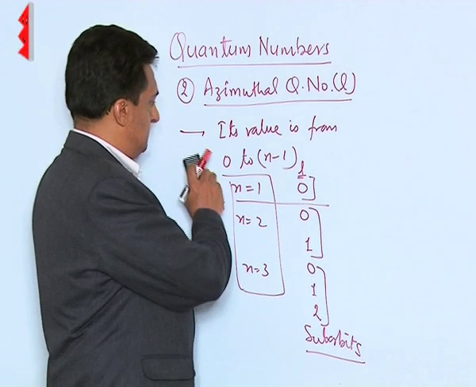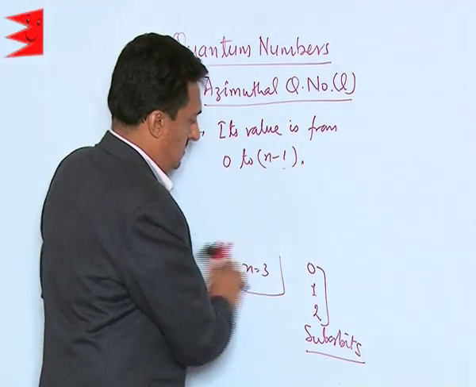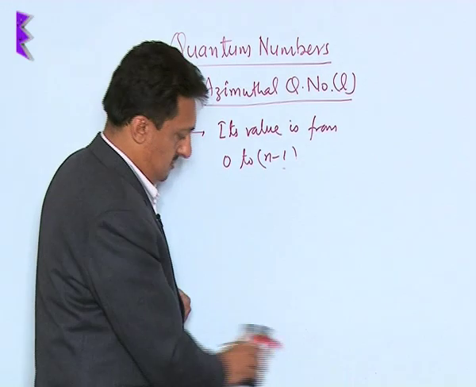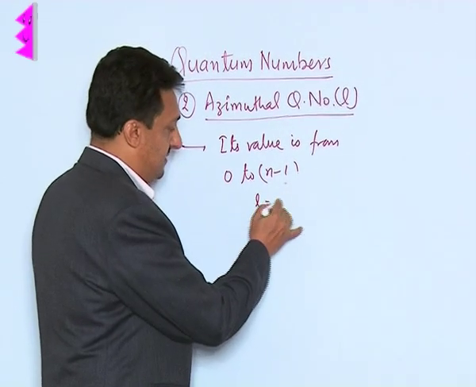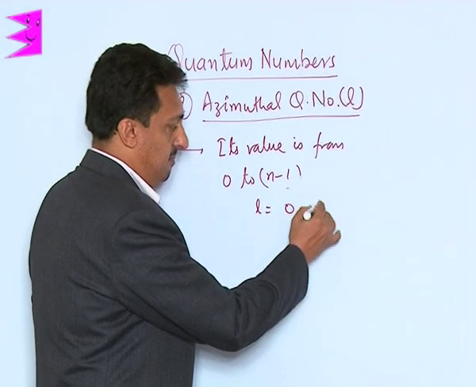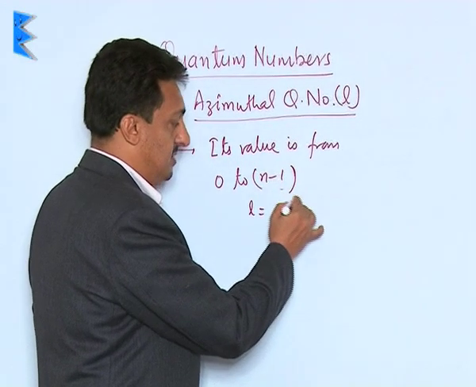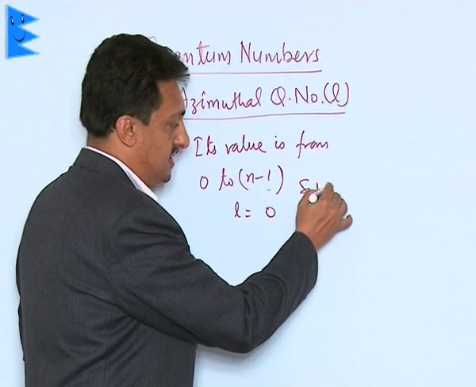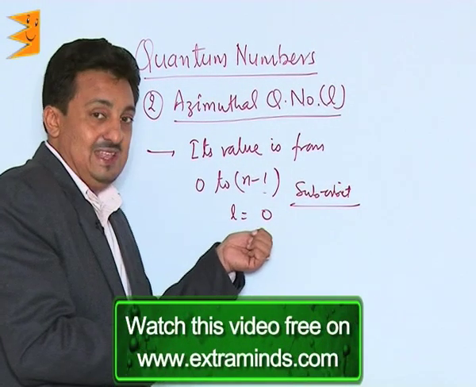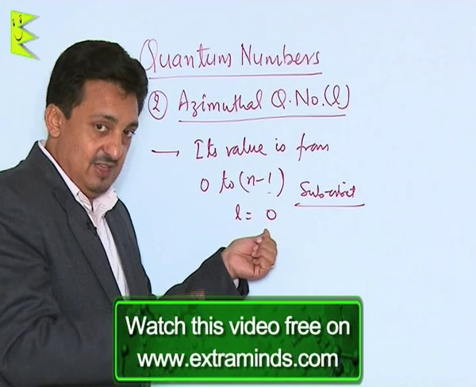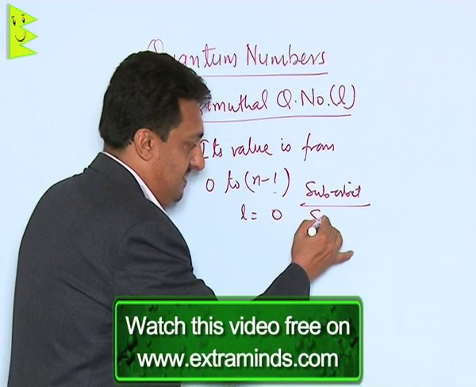See, when we say l is 0, we are talking about the suborbit which will always be represented by the value of l as 0, and we call it s suborbit.